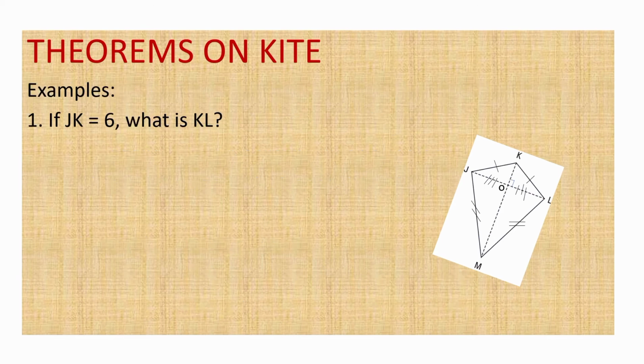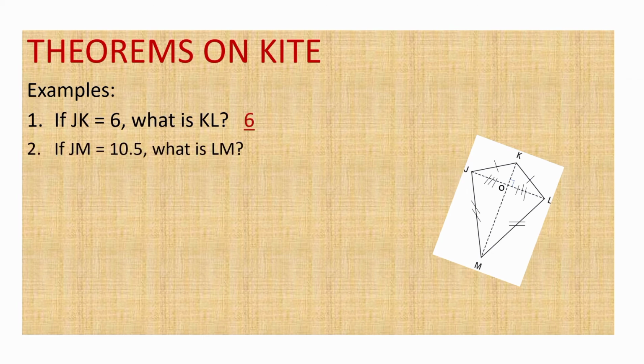Let us have this activity. Number 1. If JK is equal to 6, then what is KL? The answer is 6 because JK is congruent to side KL. Question number 2. If JM is equal to 10.5, what is LM?